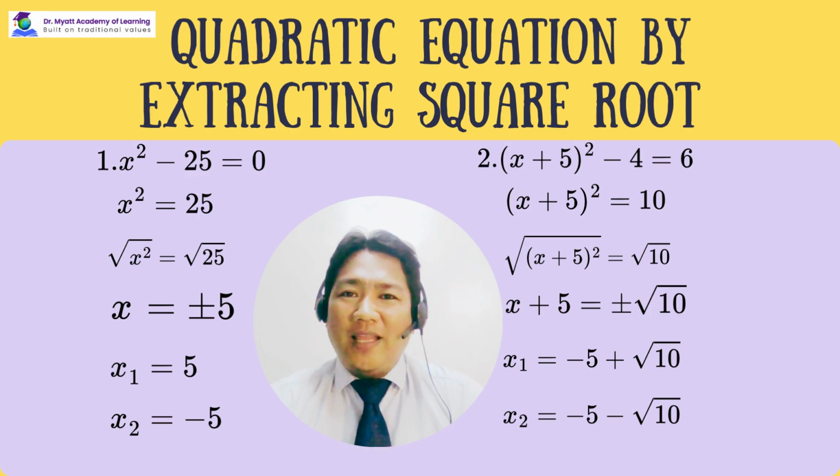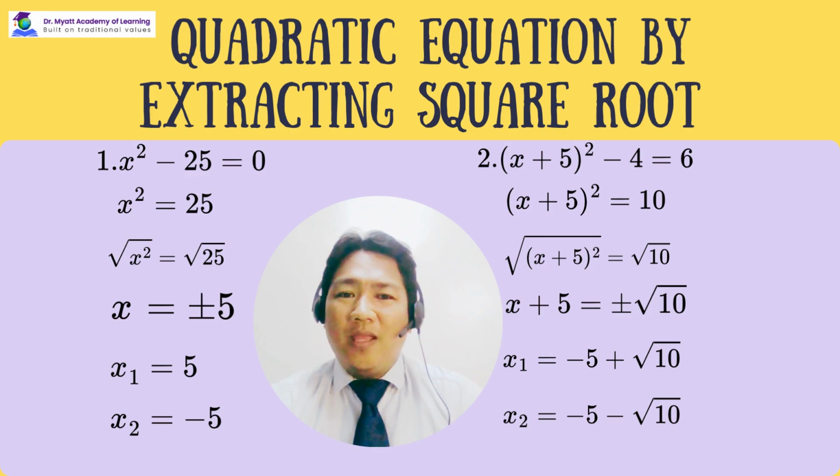Let's look at the second example. Given x plus 5 quantity squared minus 4 is equal to 6. Using the addition property of equality by adding positive 4 to both sides, we have x plus 5 quantity squared is equal to 10.